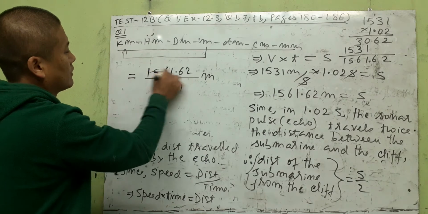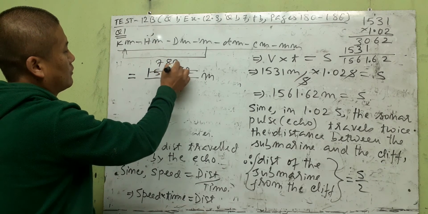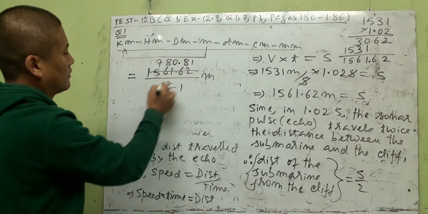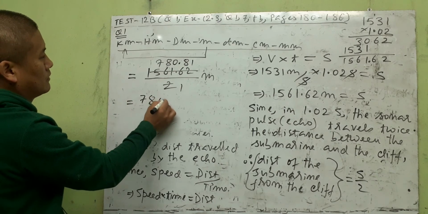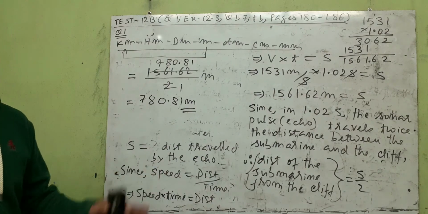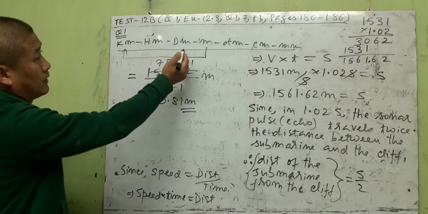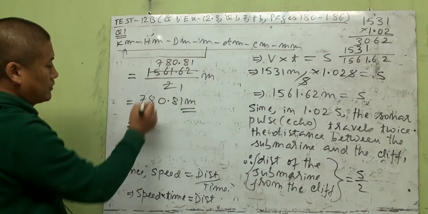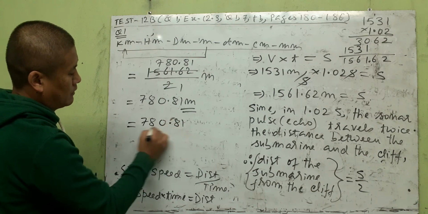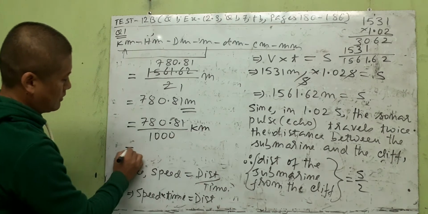If you cancel, 2 ones are 2, 7s are 14, 8s are 16, 0 because 1 is less than 2, then 16 point, 2 ones are 2. So 780.81 meter is the distance between the submarine and the cliff. If they ask you in kilometer, then divide by 1000, then meter will go away and kilometer will come in.